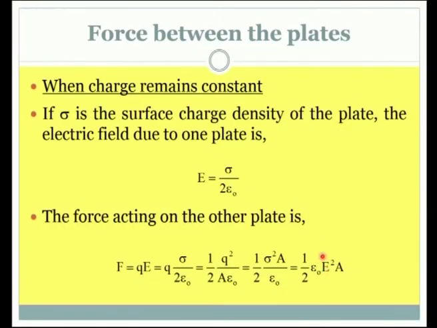So, this E here represents the electric field existing between the plates. I would like to mark it here. This electric field is sigma by epsilon naught. This is the total field that exists because of the two plates. So, what is the conclusion? The force exists because of the electric field between the plates.